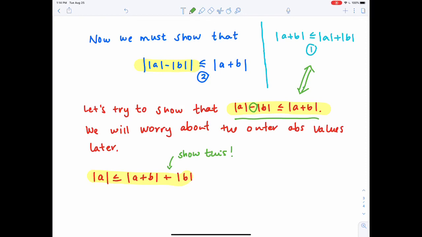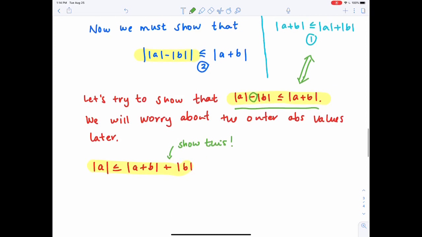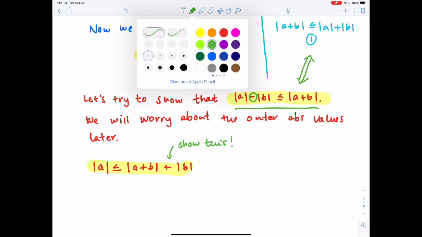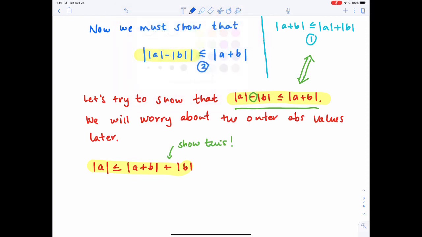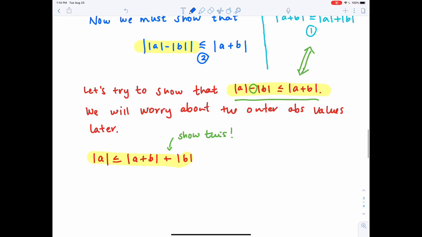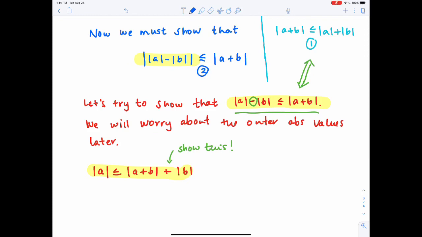So now notice that this is starting to look similar to the triangle inequality that we already have. But it's a little bit different because of where the expressions are sitting. But we need to remember that the triangle inequality is true for all real numbers. So I can use any expression of real numbers and I can apply this triangle inequality number 1. So it kind of looks like what I've got right now is something of the form absolute value of x plus y less than or equal to the absolute value of x plus the absolute value of y.